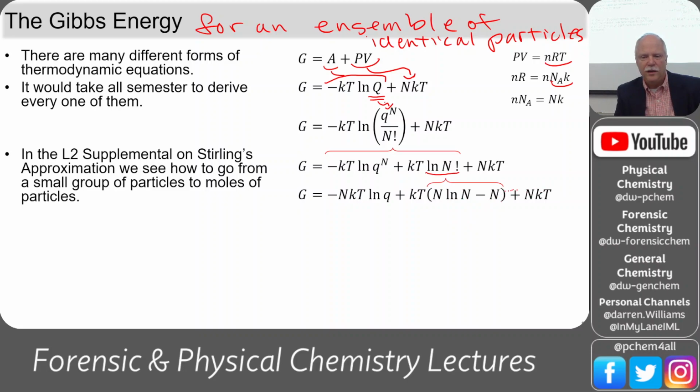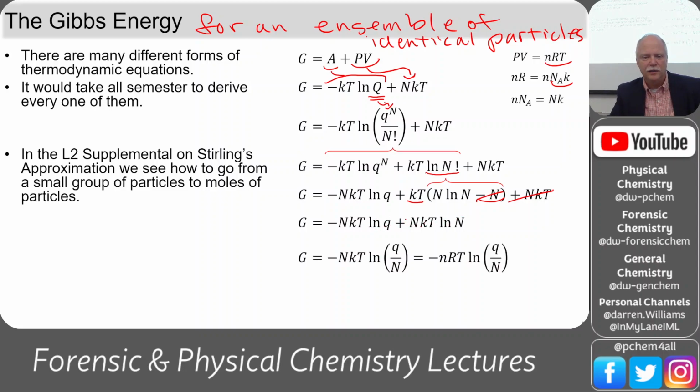And we have minus nkT, so we have this nkT, and the minus nkT, and then we have the plus nkT. So these guys cancel themselves out, okay? And so then we have nkT in front of the natural log of q, and nkT in front of the natural log of n. Again, that's a difference, so we can go back to making it a fraction.